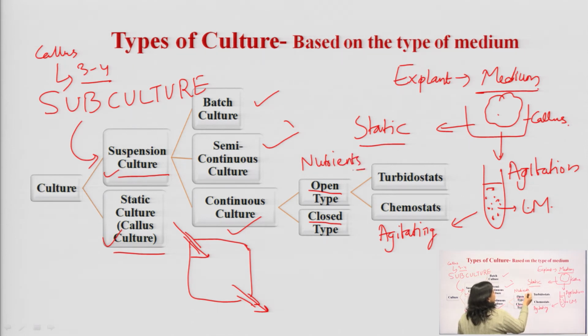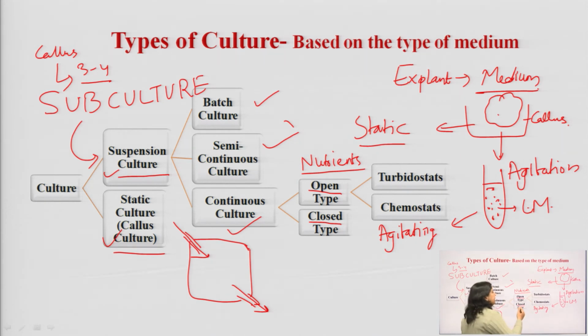These nutrients are getting used up by the callus cells. So, you keep on monitoring and regulating: okay, now 50% of the glucose has been utilized, so I have to add more glucose. I have to check whether there is any shortage of vitamins. Yes, if it is short, I will add that amount of vitamins.